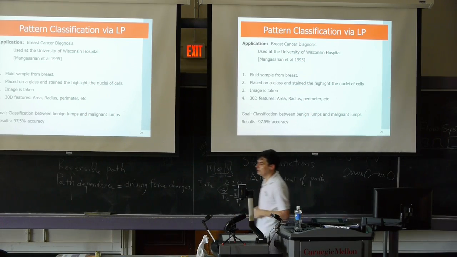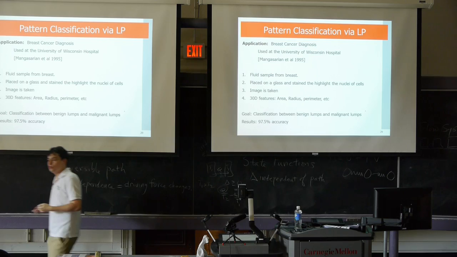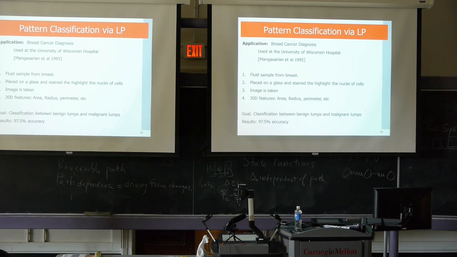And this linear program, this classification system, is used in real applications as well. For example, the University of Wisconsin used this method to do breast cancer diagnosis. They take fluid samples from the breast, place these samples on glass and stain them to highlight the nuclei of cells.